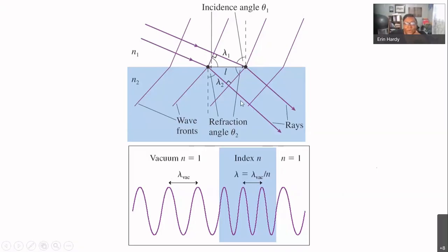So if we take a look at what has to be going on with the angles here, incorporating what we already knew about the index of refraction and how it relates to the speed of a light wave, we can relate that to Snell's law. Here we've got a parallel bundle of light rays that are incident on this surface. They don't strike at the same physical location on the surface because they can't.